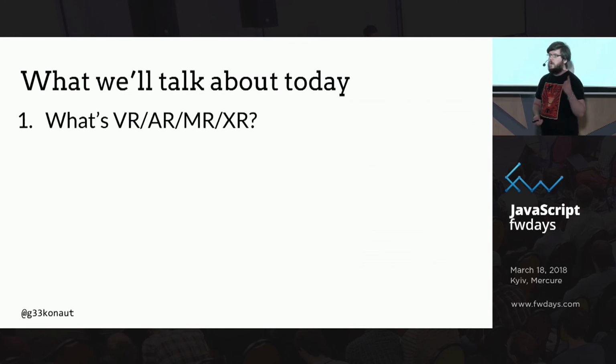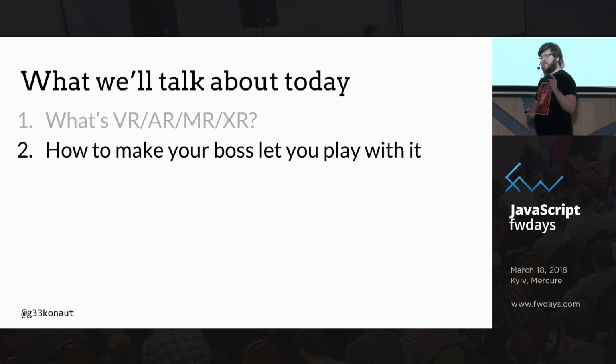So today we're going to talk about three things. First things first, what are all these acronyms? It started with virtual reality, VR, and then we had AR, and then we had MR, and then we had XR, and probably someone else is going to come up with a new one. So let's see what these are real quick. And then we're going to talk about a little less interesting thing, but I think it's still important for you to convince your bosses to totally have to do this.